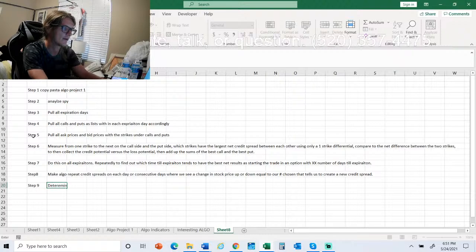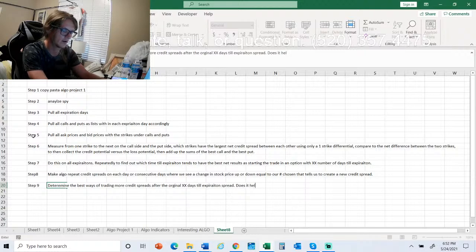Determine the best ways of trading more credit spreads after the original XX days till expiration spread.